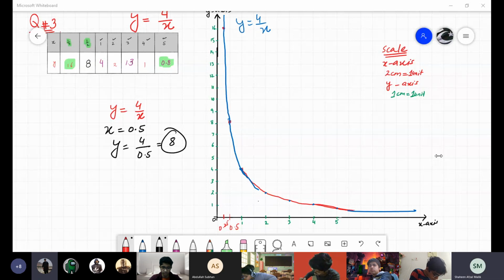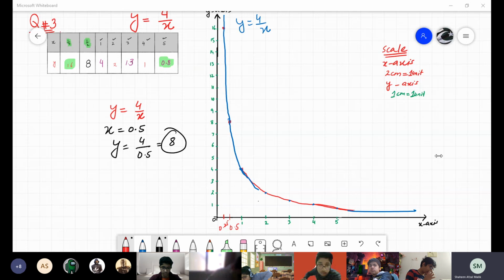Hassan Abid. Is Hassan Abid in the class? No? Marked absent. Muhammad Kundi? Present. Ma'am, Muhammad present. Rehan? My camera. Okay, Rehan Kashif?